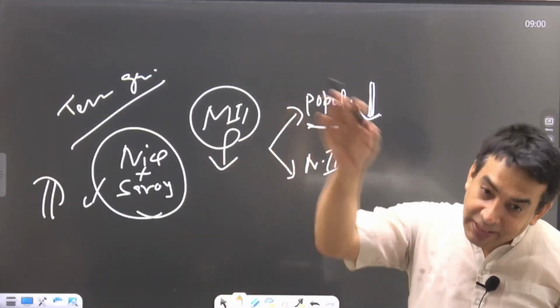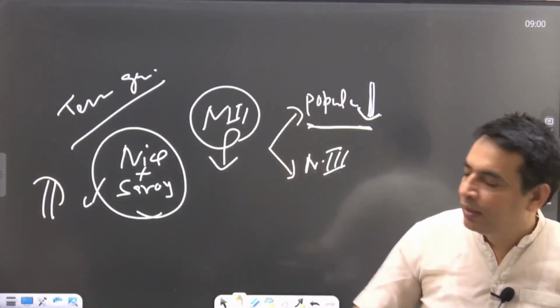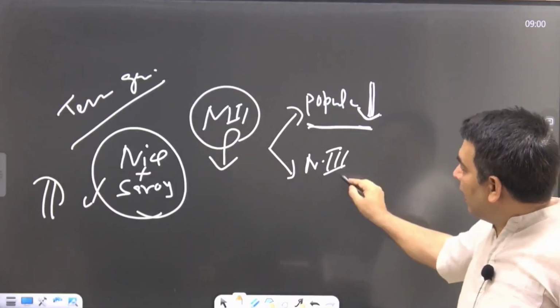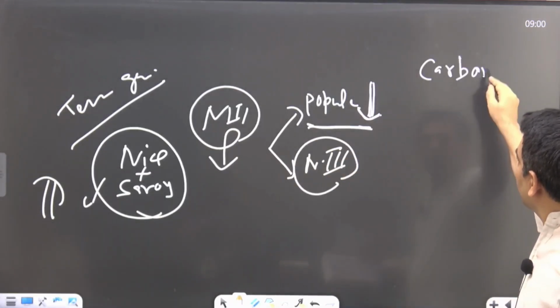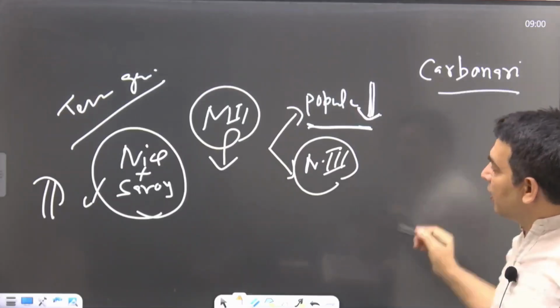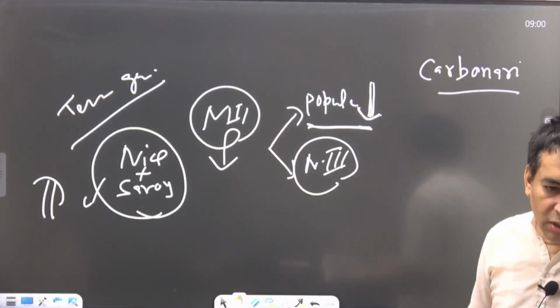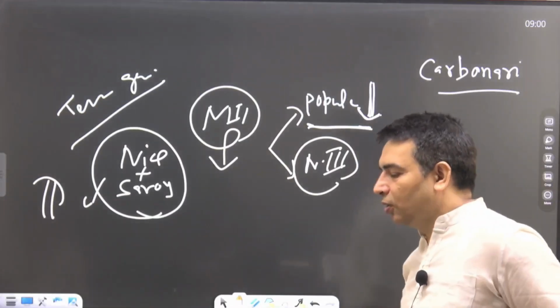When it was redivided, the Carbonari started to go for nationalism. He was a member of the Carbonari, secret societies, in his youth. So there was some emotional attachment with Italy.